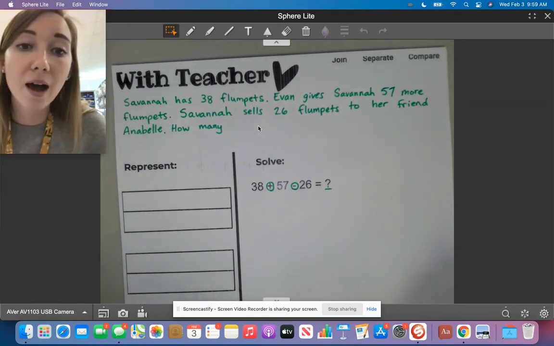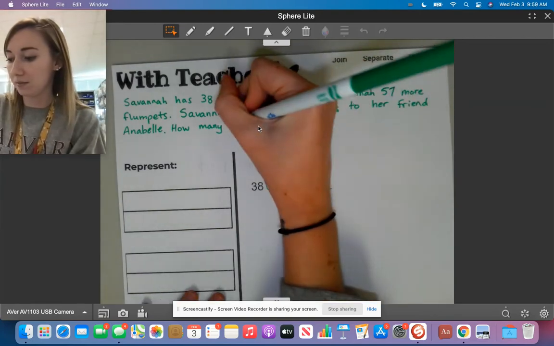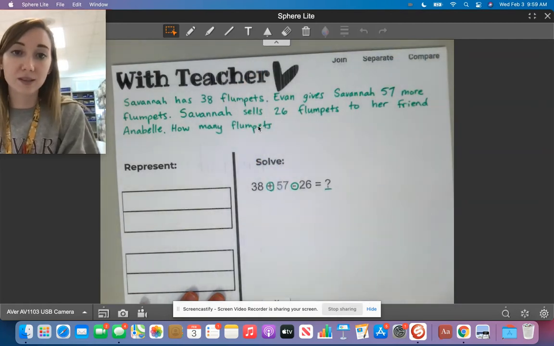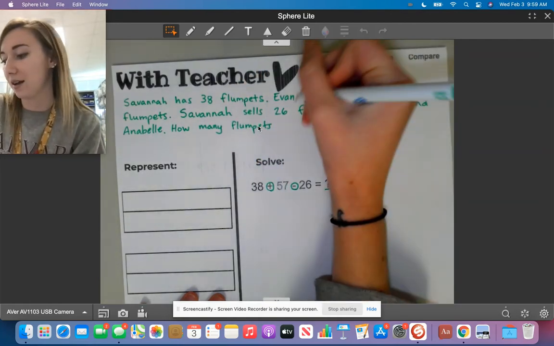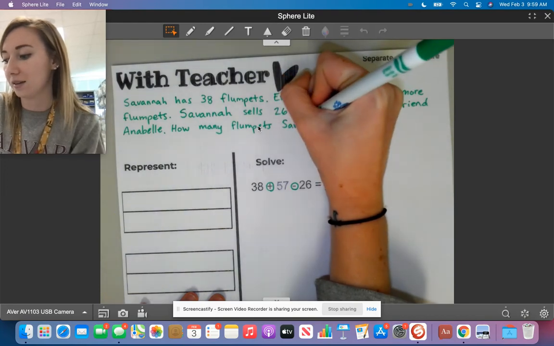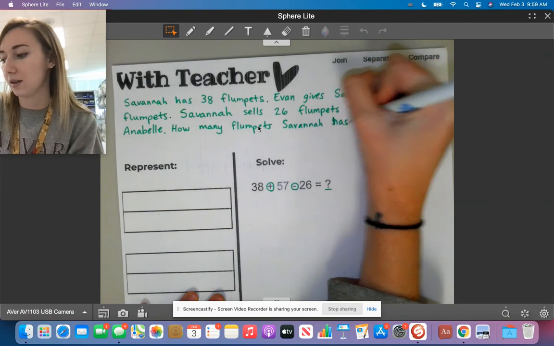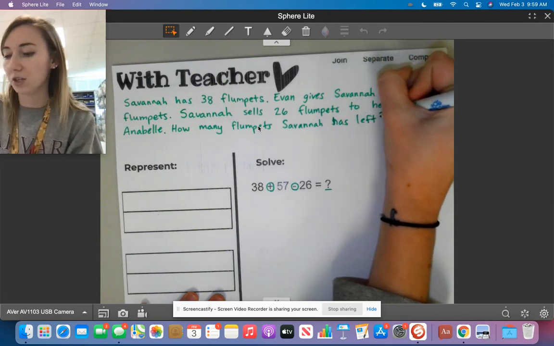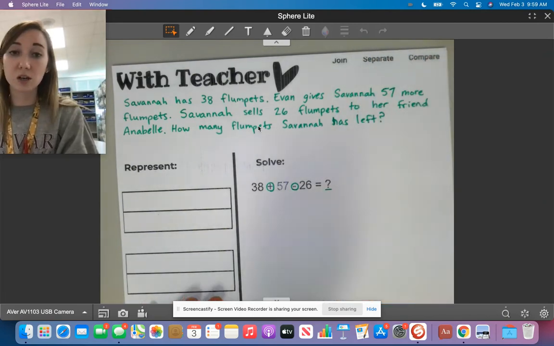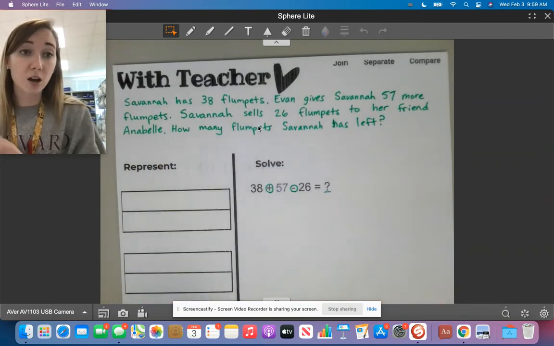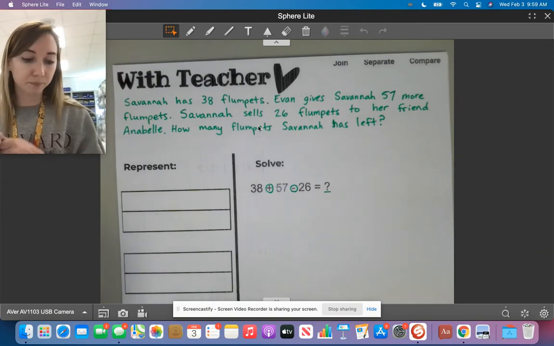We want to know how many flumpets Savannah has left. Question mark. So now we've got our question. We've got a whole word problem. We've got our equation. Let's talk about solving it now, okay?